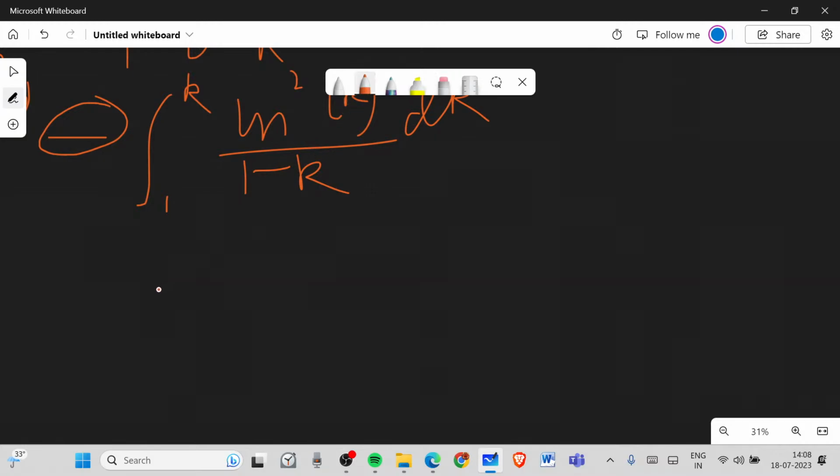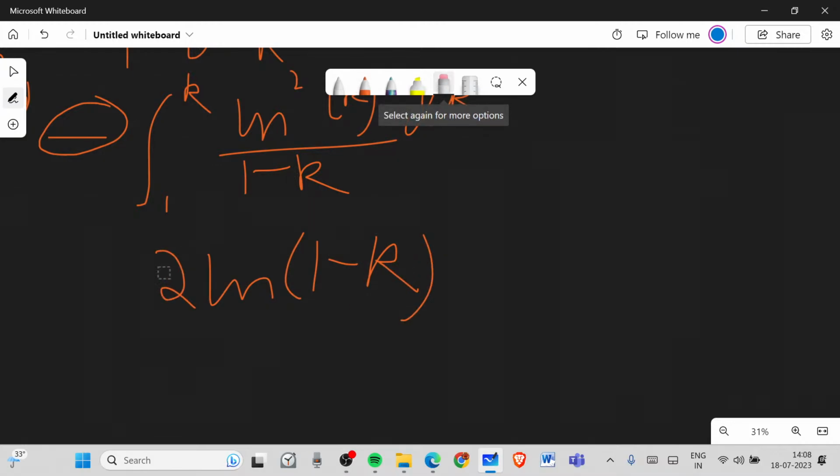Applying by parts, minus becomes plus, ln 1 minus k, 2 ln 1 minus k ln square k.